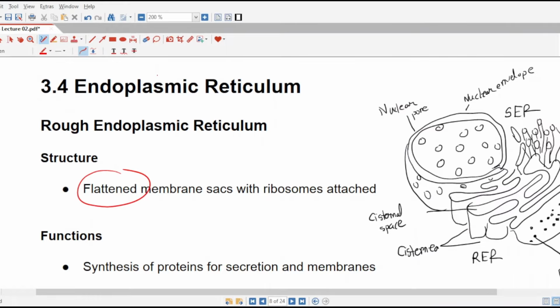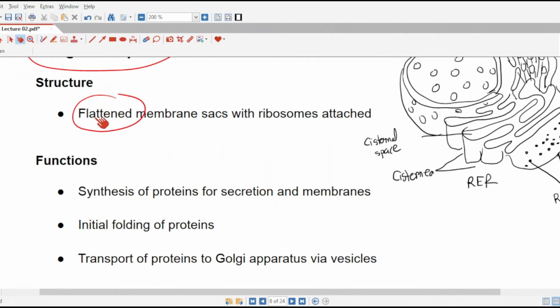Okay, now let's match the structure again. So there are 2 types of endoplasmic reticulum. One is rough endoplasmic reticulum, another one is smooth endoplasmic reticulum. The first, rough endoplasmic reticulum, will have ribosomes attached to it. And what is the function? The ribosome has a protein synthesis function, and that's why rough endoplasmic reticulum will also do protein synthesis, right?